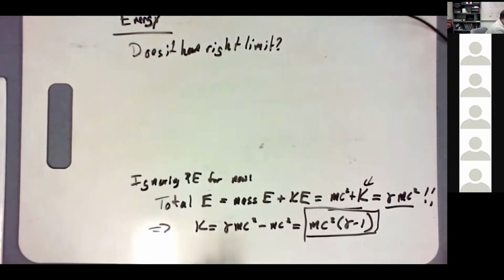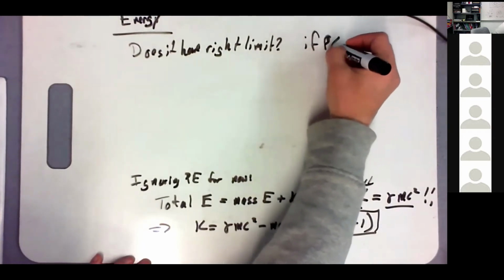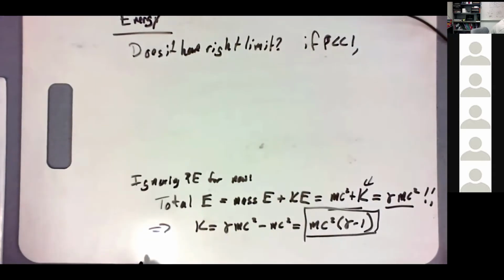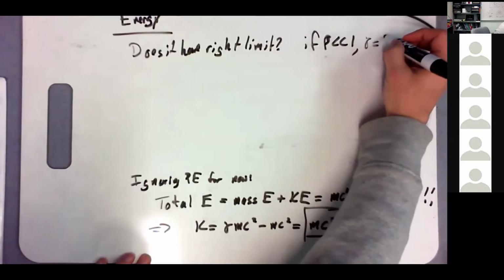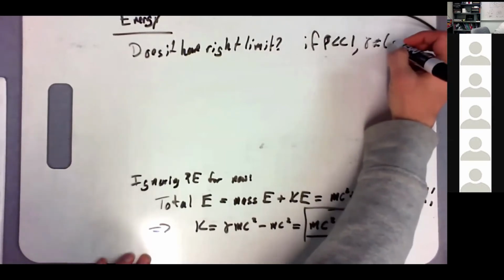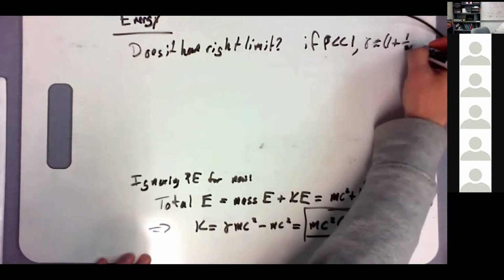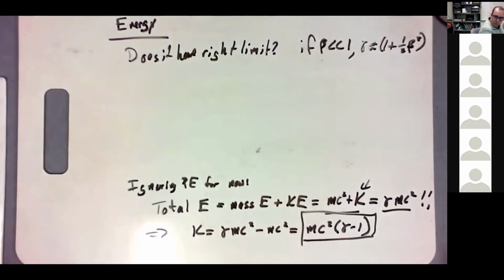So remember the binomial expansion. If beta is much less than 1, then we can use the binomial expansion to say that gamma is about equal to 1 plus 1/2 beta squared. That was our binomial expansion from before.